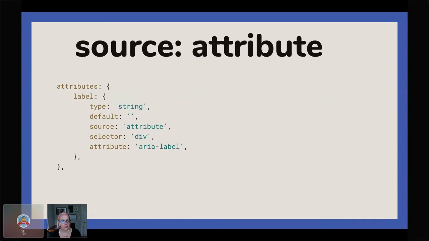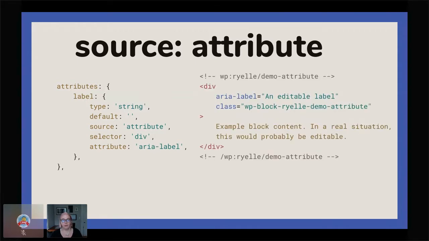So here we're setting up this label, which is going to be a string. And we are going to read it from this content. We know that we're going to have a div with the aria-label attribute on it. And that's the content that we want to be able to control with this code.